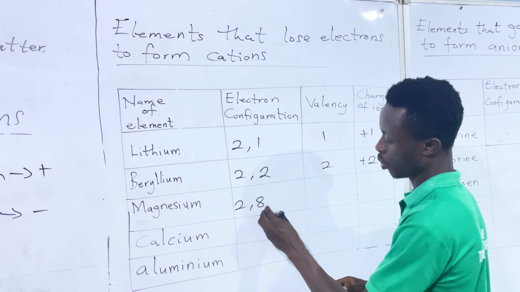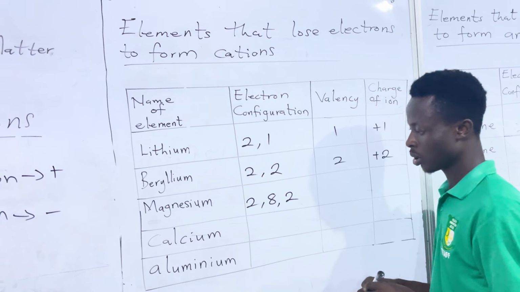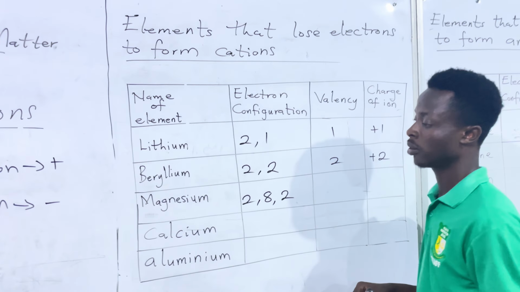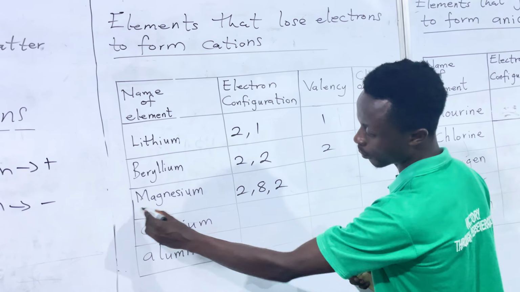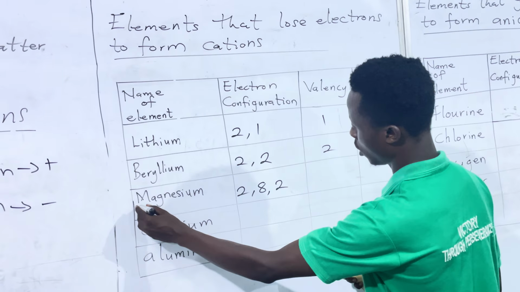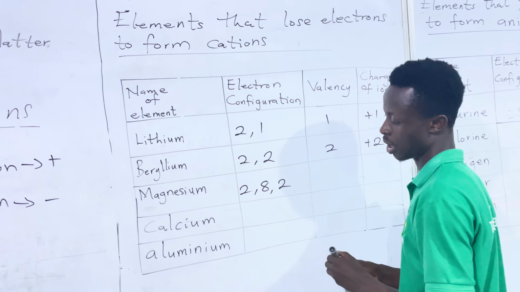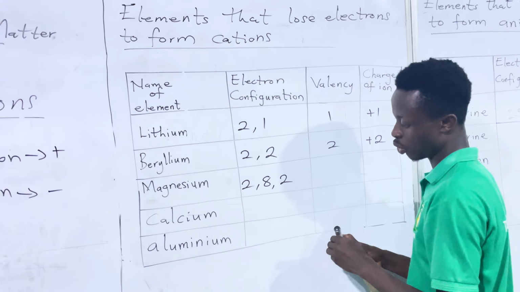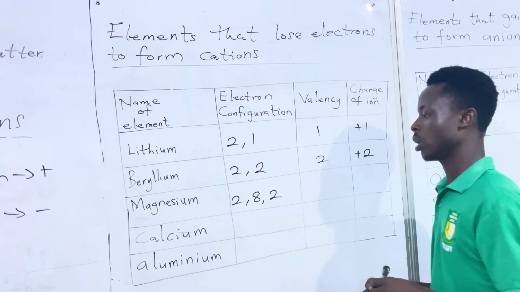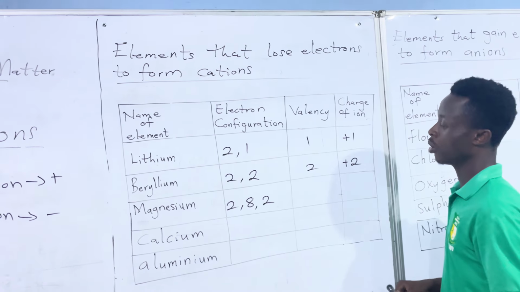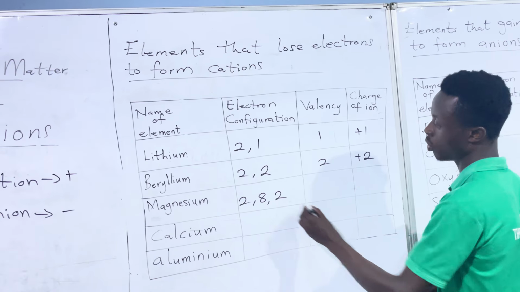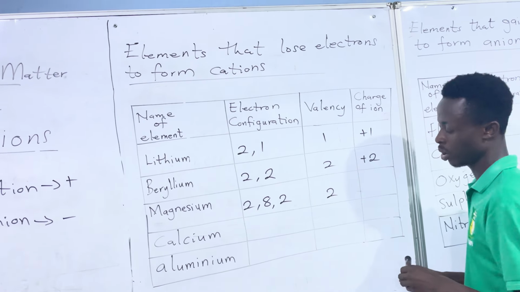Then 2 electrons in the last shell. Why? Because it has 12 protons. So if it is taking 2 electrons and also 8 electrons, it will be left with 2 in the last shell. In the last shell, we have 2 electrons, so the valency will be 2.